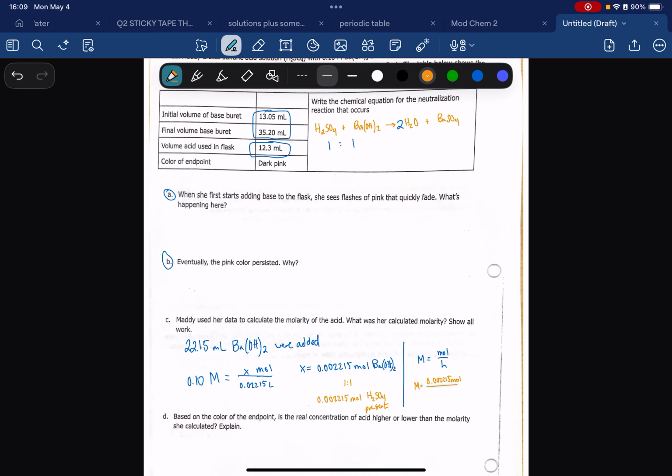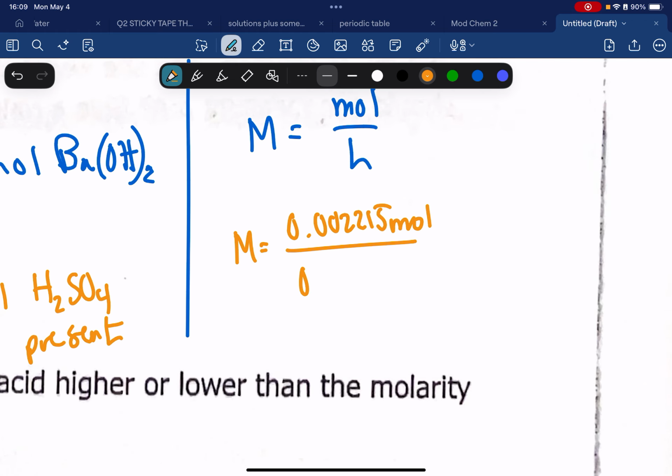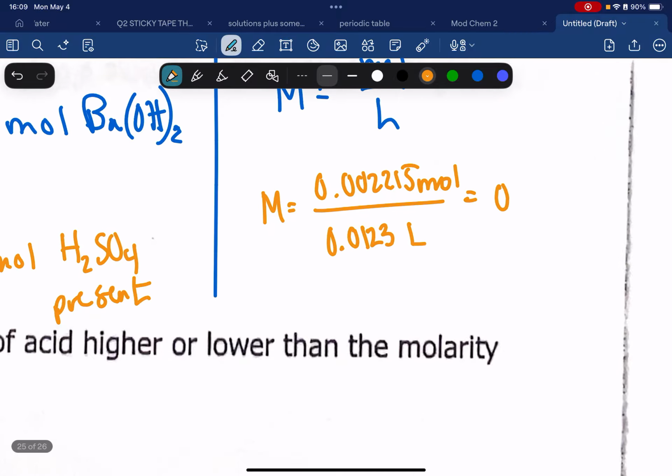In my flask was 12.3 milliliters, so that's 0.0123. I got 0.180 molar.